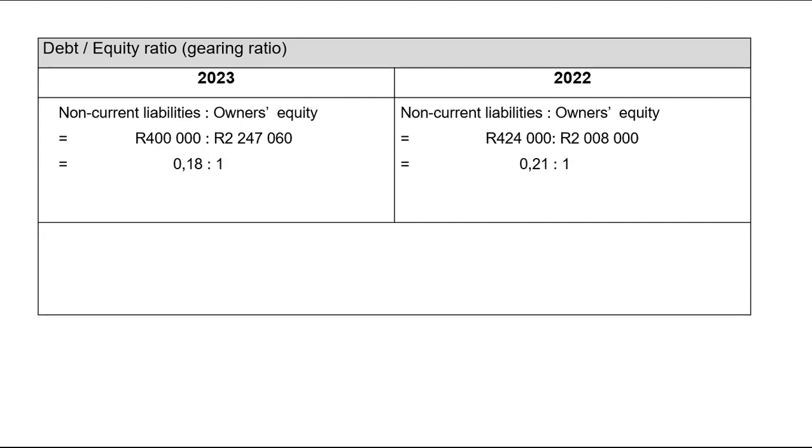So the business is financed for every 1 rand of owner's equity. In a way, business is financed through equity. For 1 rand, the liability part will only be 18 cents. So this business doesn't rely more on debt, which is what Warren Buffett is more interested in. He is more interested in businesses that are less risky, and he believes that less risk is indicated by how less indebted the business is.